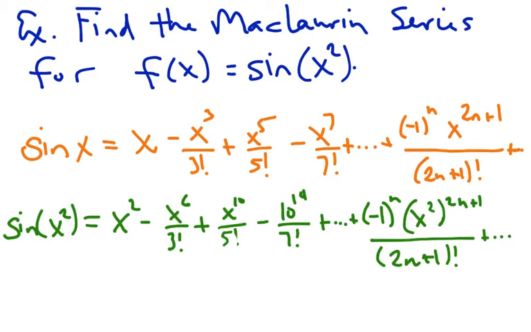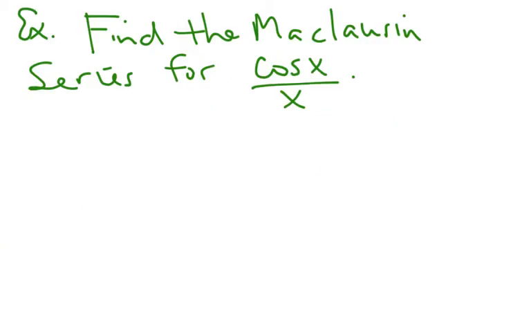But this is all you had to do in order to generate this Maclaurin series, because you already knew a Maclaurin series. Algebraically, you could make the relationship like we did in section 8.6. So once again, here is another example. Go ahead and just pause the video and give this one a try.